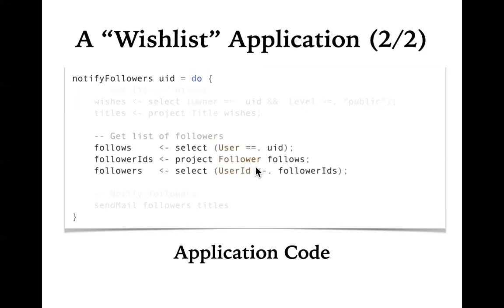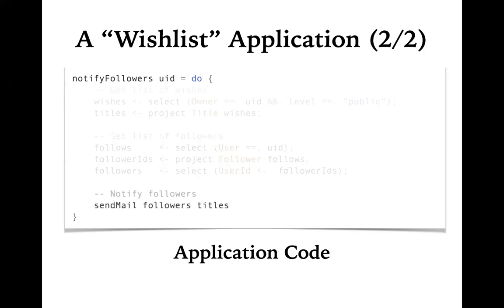Then you get a list of all the followers. I find the user-follower pairs in the table, project out the follower field, and select the case where this particular user is in one of the follower IDs that I previously computed. And I send an email out to all the followers with the titles.